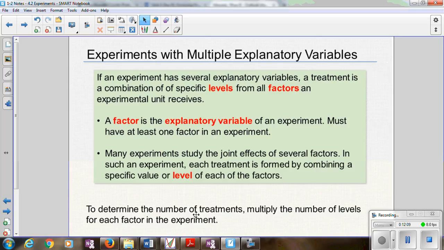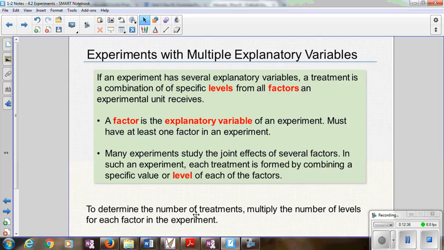I might also want to look at exercising 30 minutes every other day. Or maybe I want to look at exercising 1 hour every other day. Those would be the levels of the factor of exercise. And then with the supplement, maybe I'm looking at different milligrams. So maybe I'm looking at 250 milligrams versus 500 milligrams. And those would be the different levels of the factor of the supplement.